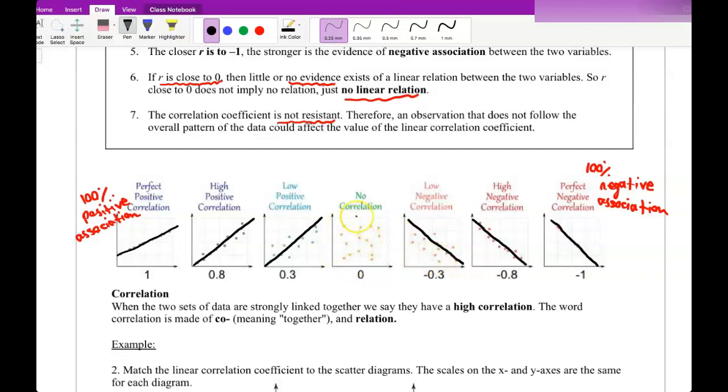Now this one, if I try to draw like that, this is totally wrong. What if I wanted to draw this way? See? That's why we're not able to decide. There is no relation, no correlation between these. I'm not able to draw a straight line.